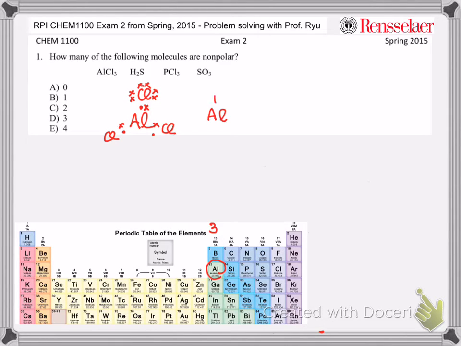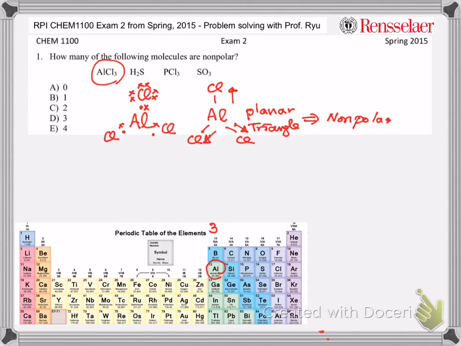Aluminum with chlorine, chlorine, chlorine is a planar triangle, and the bond electrons are being pulled equally in a symmetric way, so this is nonpolar.